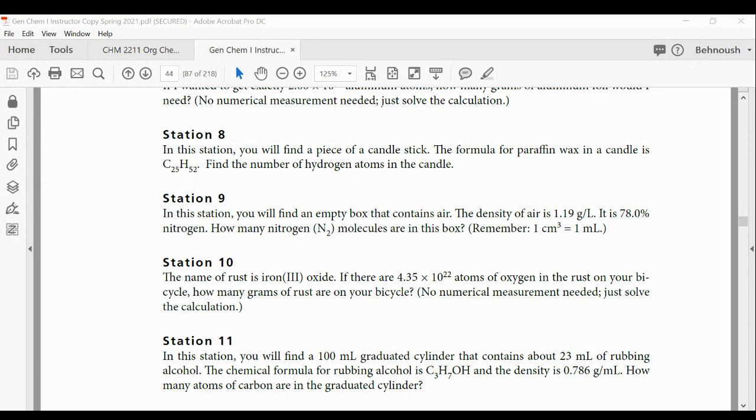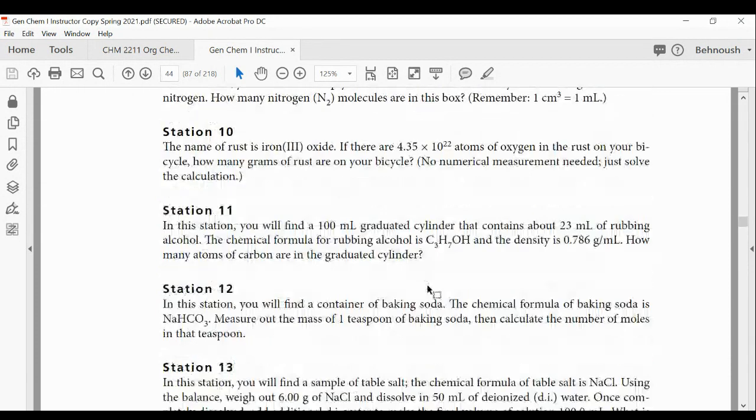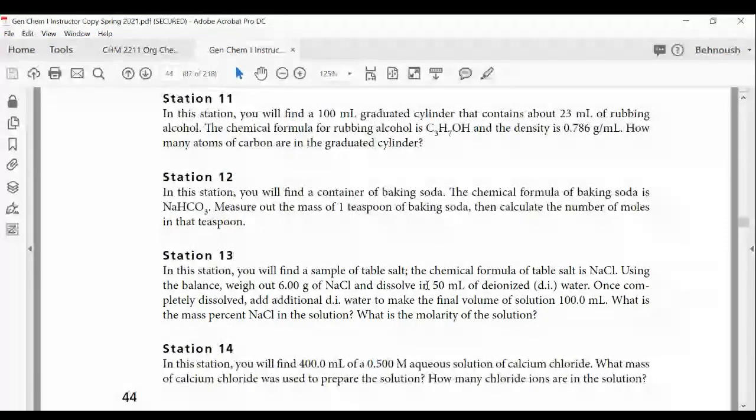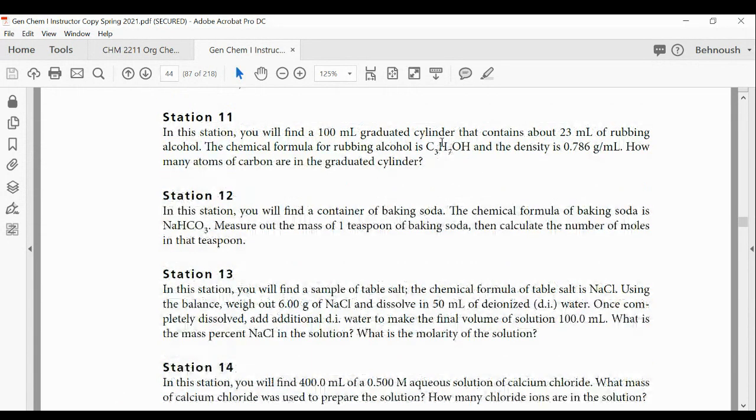What about 13? What's 13? So 11, if you know already 9 for number 11, since the volume is given, you know that volume needs to go to mass first.